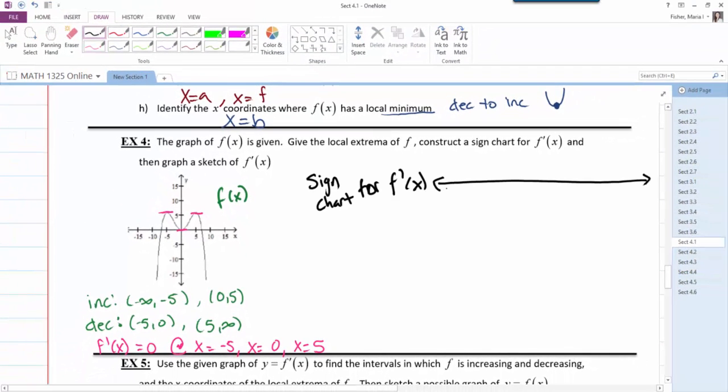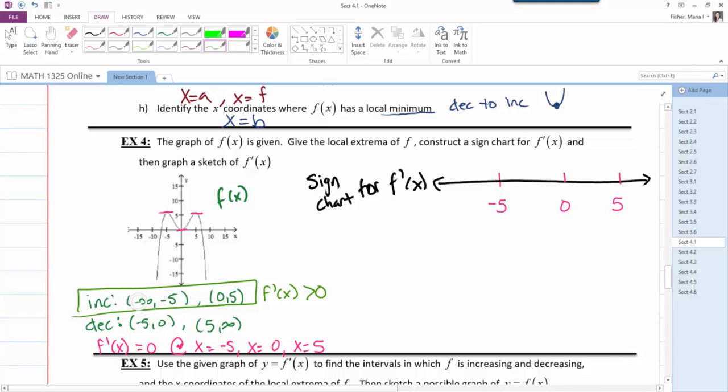So let's construct that sign chart for f prime of x. The numbers that I want to put on my sign chart are numbers where the first derivative is equal to 0 or where the first derivative is undefined. If you look at this graph, I didn't have any place where the first derivative is undefined. So I'm just going to place on this graph negative 5, 0, and 5, the numbers where the first derivative is equal to 0. And anytime you see that you are increasing, you know that the value of the first derivative, f prime of x, has to be greater than 0.